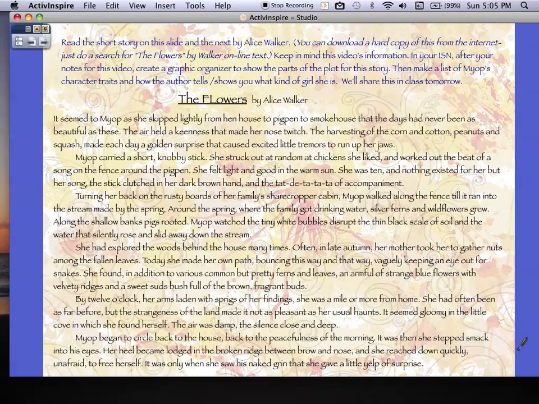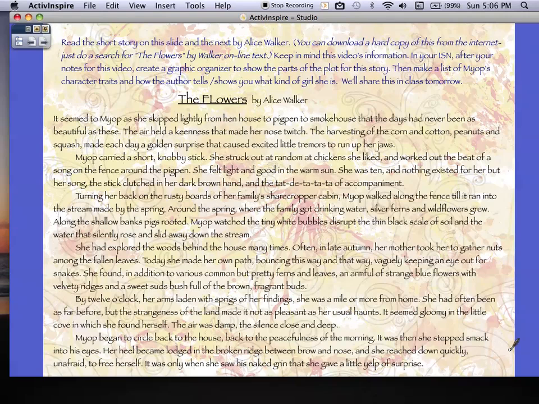Turning her back on the rusty boards of her family's sharecropper cabin, Myop walked along the fence till it ran into the stream made by the spring. Around the spring, where the family got drinking water, silver ferns and wildflowers grew. Along the shallow bank, pigs rooted. Myop watched the tiny white bubbles disrupt the thin black scale of soil and the water that silently rose and slid away down the stream.